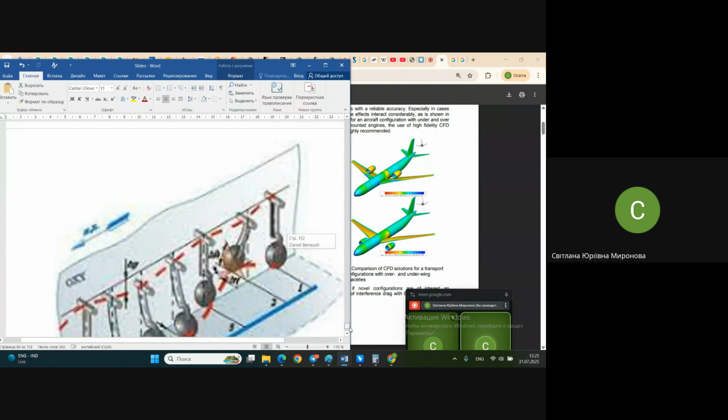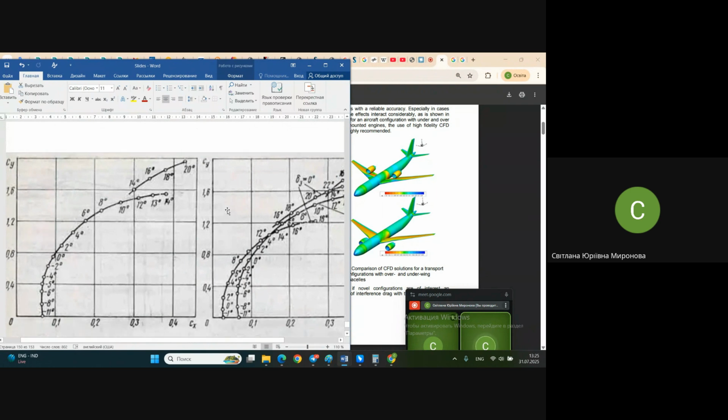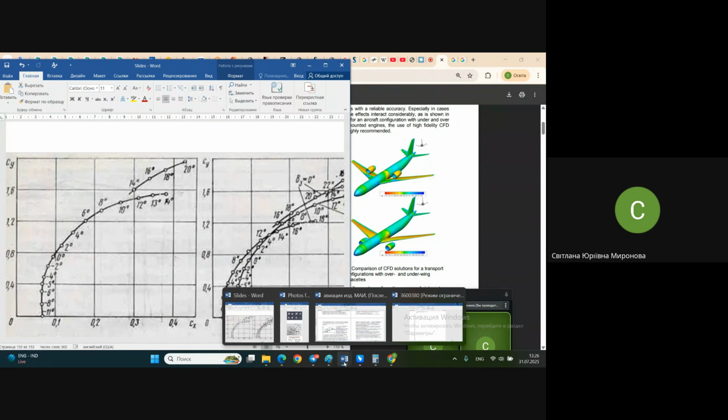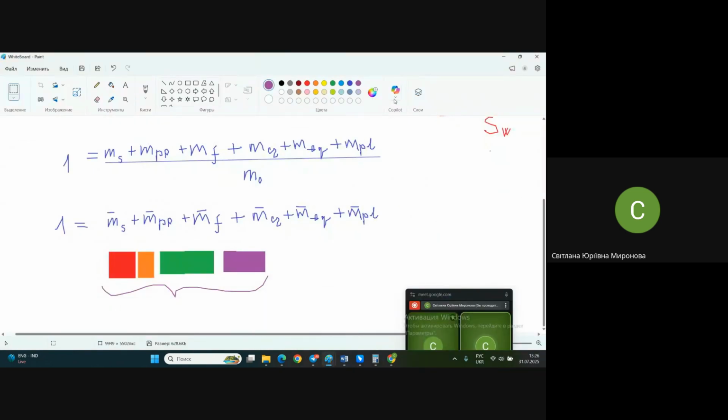As a result, you will have such diagrams like polars. And as a result, you may understand the so-called aerodynamical quality, or at least you are able to assess it. Where is it? Not that one. Lift to drag ratio, the coefficient of aerodynamical quality, which practically talks about this.